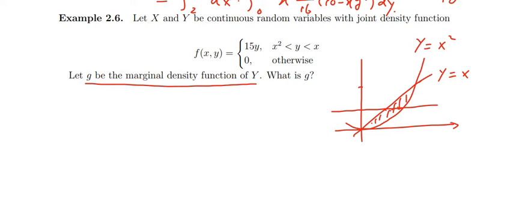The marginal density function of y is found by letting this y be fixed and adding up all the x. So we say f of y. Here we just regard y as constant for now, so this is just 15y.